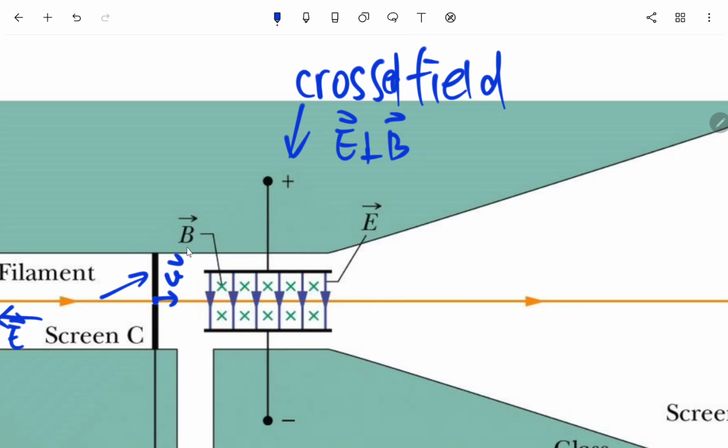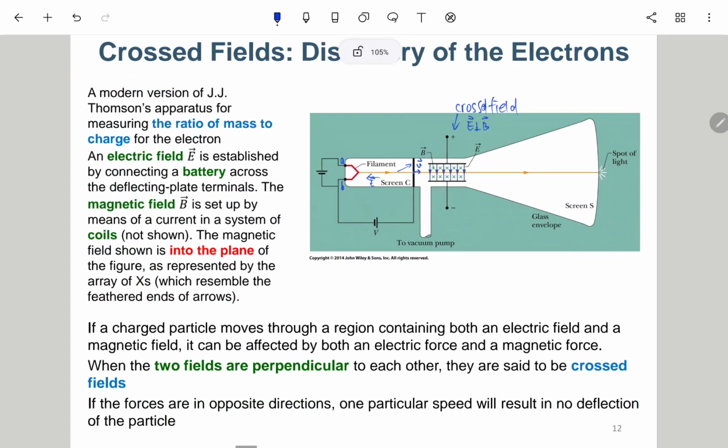So this B field and E field are perpendicular to each other. In such a way, the electron is going to the right side, starting from here with a uniform speed. But after it enters this cross field, there will be some difference.